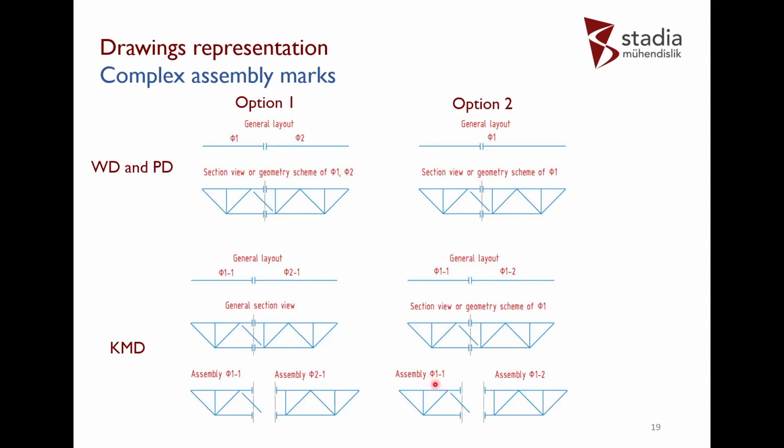The beginning of the mark will be the same, but the unique number will be different. After this presentation, you can look at this slide more carefully, and it's not so hard to understand all this logic actually.